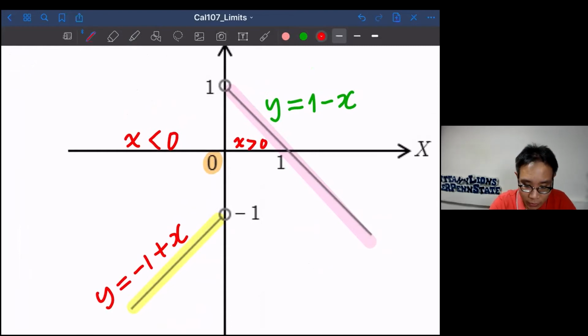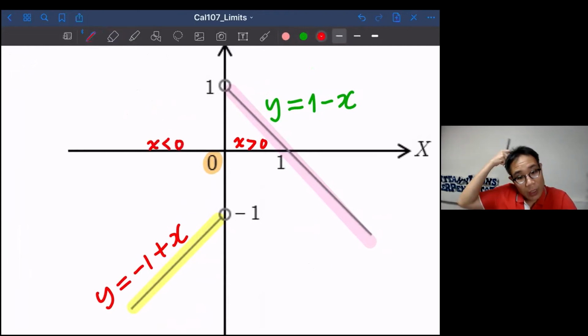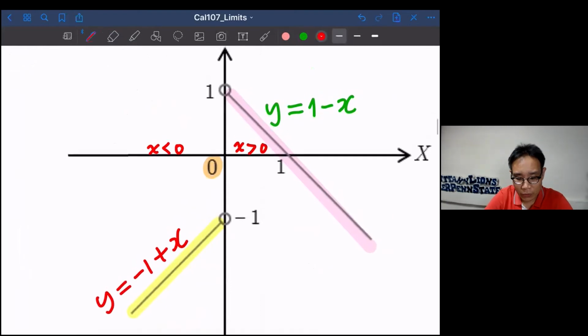Let me enlarge this a little bit. Let me write this in the same way, x less than 0, however really close to 0.